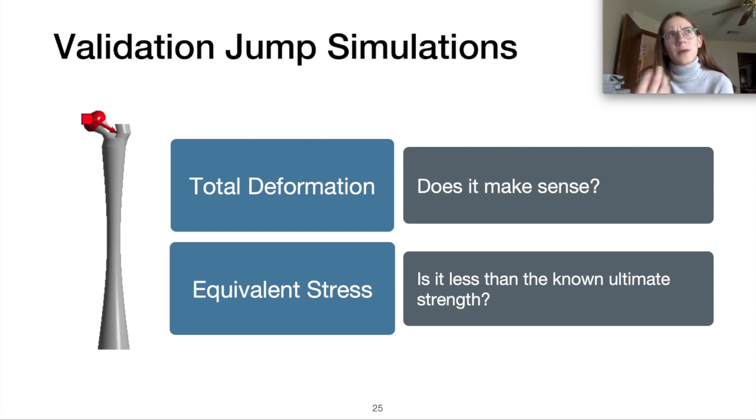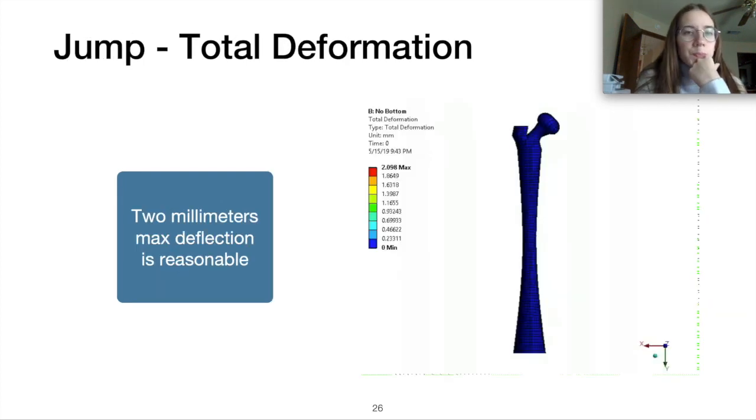I may have mentioned, when I was tweaking things, I had some simulations where my femur was deflecting 40 or 50 centimeters, and that's probably not true, that when I jump my femur is bending and curving like that. Then for the equivalent stress, I wanted to make sure that it's less than the known ultimate strength, to validate that the numbers we're getting make sense with the geometry and the material properties of the bone.